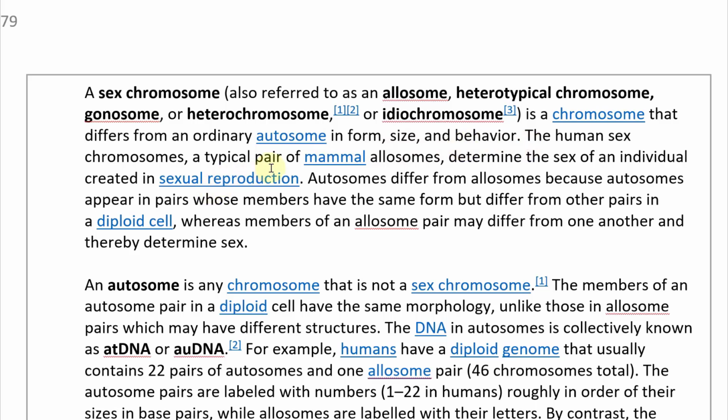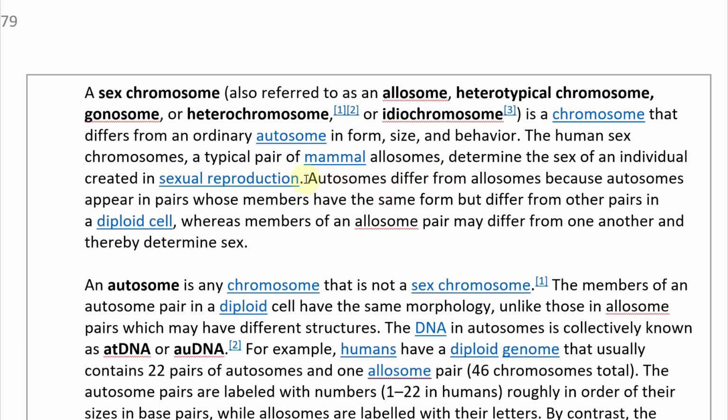The human sex chromosomes, a typical pair of mammal allosomes, determine the sex of an individual created in sexual reproduction. Autosomes differ from allosomes because autosomes appear in pairs whose members have the same form but differ from other pairs in a diploid cell, whereas members of an allosome pair or sex chromosome may differ from one another and thereby determine sex.